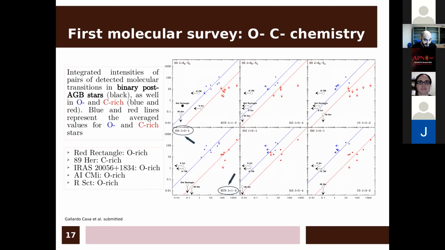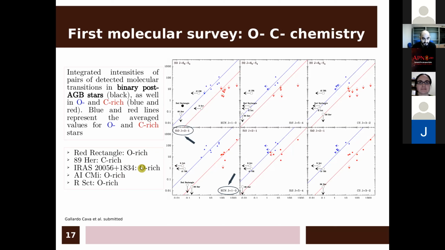A relevant analysis is to compare O-bearing molecules with carbon-bearing molecules, compared with very well-studied AGBs, to reveal the chemistry of our objects. Doing this, we can classify the Red Rectangle, R Sct, and AC Canis Minoris as O-rich chemistry. 89 Herculis, in which we have detected several carbon molecules, seems to be carbon-rich.